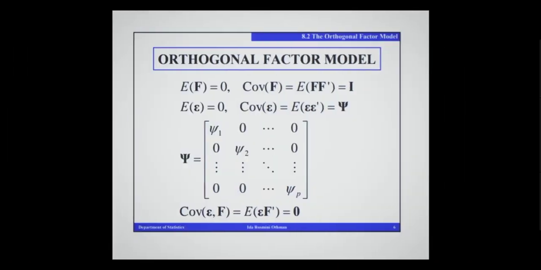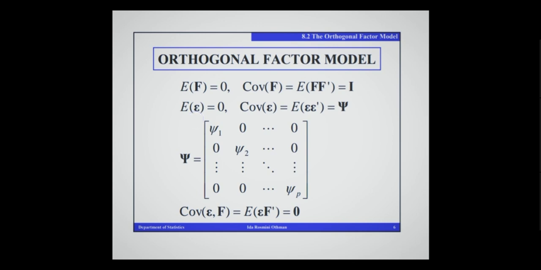Okay, so this is the assumption untuk model. Mean of the factor tadi is 0. Covariance of factor adalah identity. Mean for the error is 0.